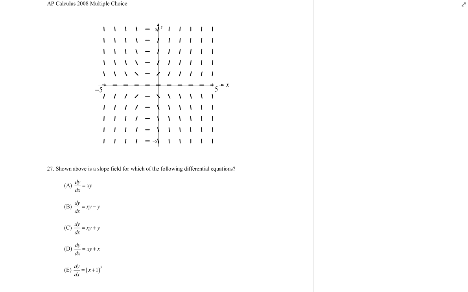27. Shown above is a slope field for which of the following? Let's see, on these it's best to look at these where it's 0 first of all. So the slope field is 0. These are the slopes, which the derivatives are the slopes. So the slopes are 0 whenever x equals negative 1.